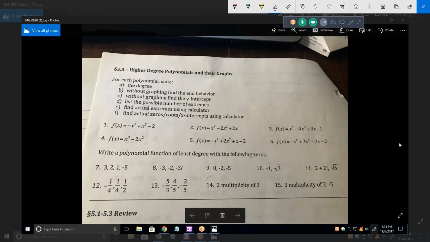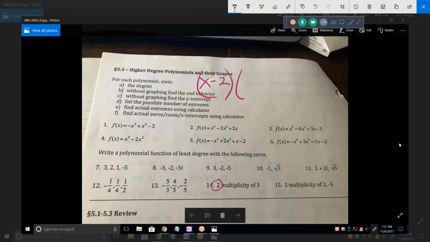So let's do something different, like 14. The zero is 2 with multiplicity of 3. In other words, there's only one zero, but it has a multiplicity of 3. What does that tell me about the factors? So wouldn't it just be like x minus 2, x minus 2, x minus 2? Or I could write x minus 2 cubed.